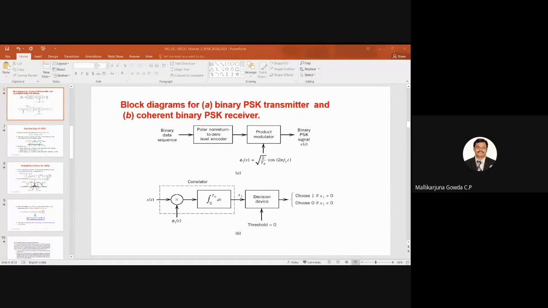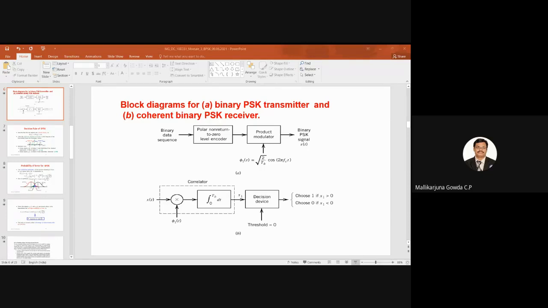For symbol 0, it is s2 of t, equal to square root of 2 Eb by Tb cosine of 2 pi fc t plus pi. So there is a phase shift of 180 degrees, which I can write as minus square root of 2 Eb by Tb cosine of 2 pi fc t. That is the binary PSK signal.